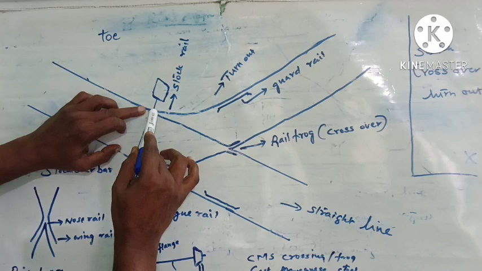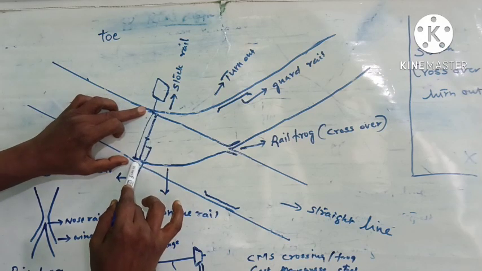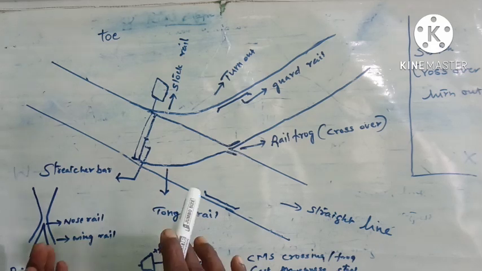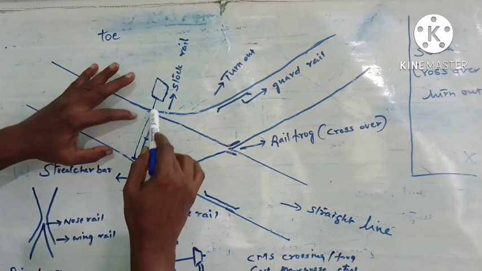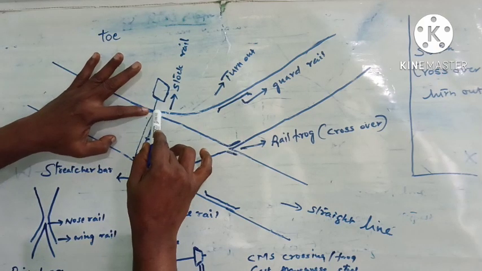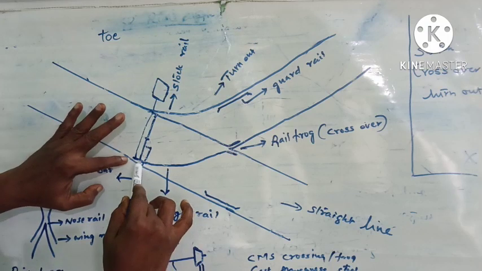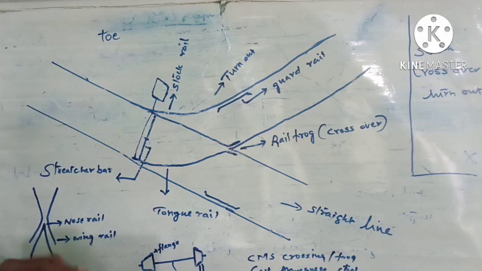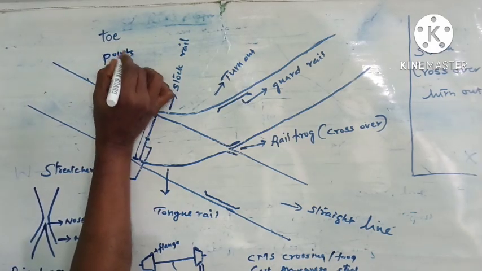Now this portion is called the point, and here also the points. As in the case of scissors, we are not calling it scissor, it is scissors because there is a pair of it. In the same way, here is one end which is getting close to the stock rail. Here also the other end which is getting close to the stock rail, and so we call it points. It is points, not point, but it is points.